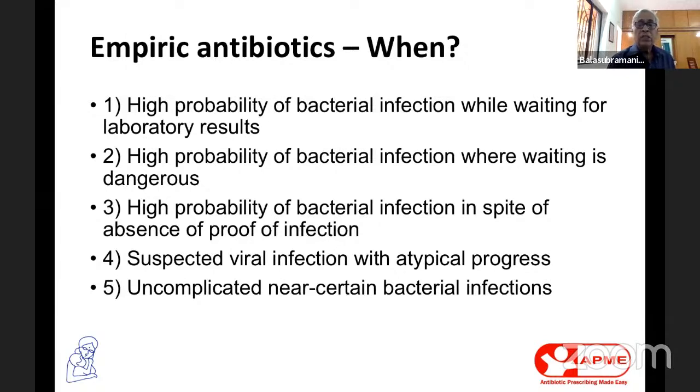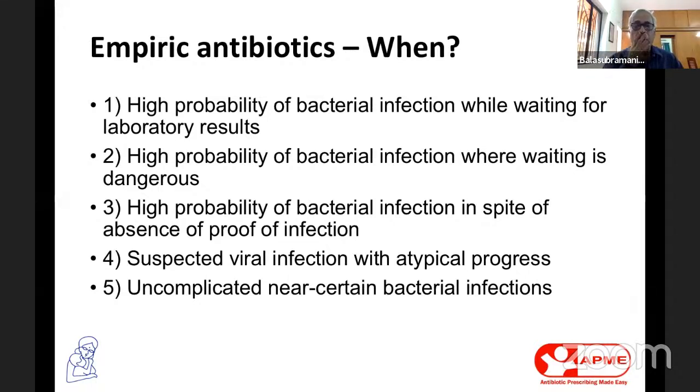4, suspected viral infection with atypical progress. This is something very, very important. For example, chicken pox. Chicken pox is one exanthem where fever is not very prominent. But on the other hand, if you have some child with chicken pox who has fever for more than 4 days, you should immediately start thinking of secondary bacterial infection.